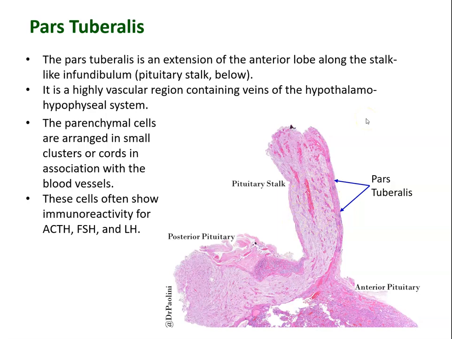So the pars tuberalis is a highly vascular region, and the parenchymal cells are arranged in small clusters or cords in association with the vasculature there. These cells often show immunoreactivity for ACTH, FSH, and LH, which means they're corticotropes and gonadotropes.